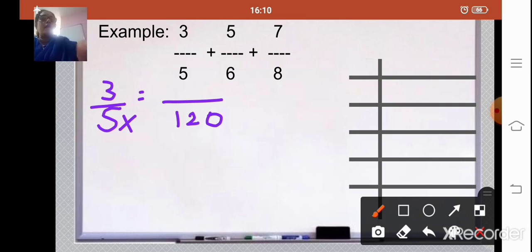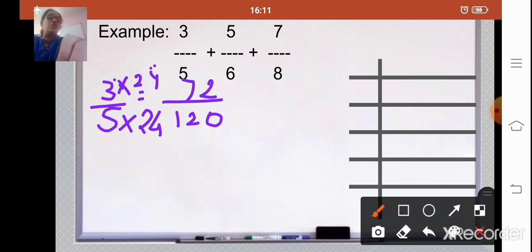When you divide 120 by 5, what will be the number? 5 2s are 10. Yes, 5 into 24 is 120. Now the numerator will also be multiplied by 24. When you multiply the numerator by 24, your fraction will be 72 upon 120.